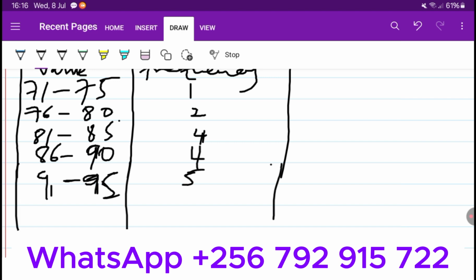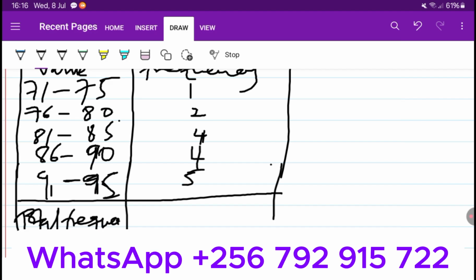Then they also give us the total frequency here. The total frequency is 16. And the required, of course, is what they want us to compute.